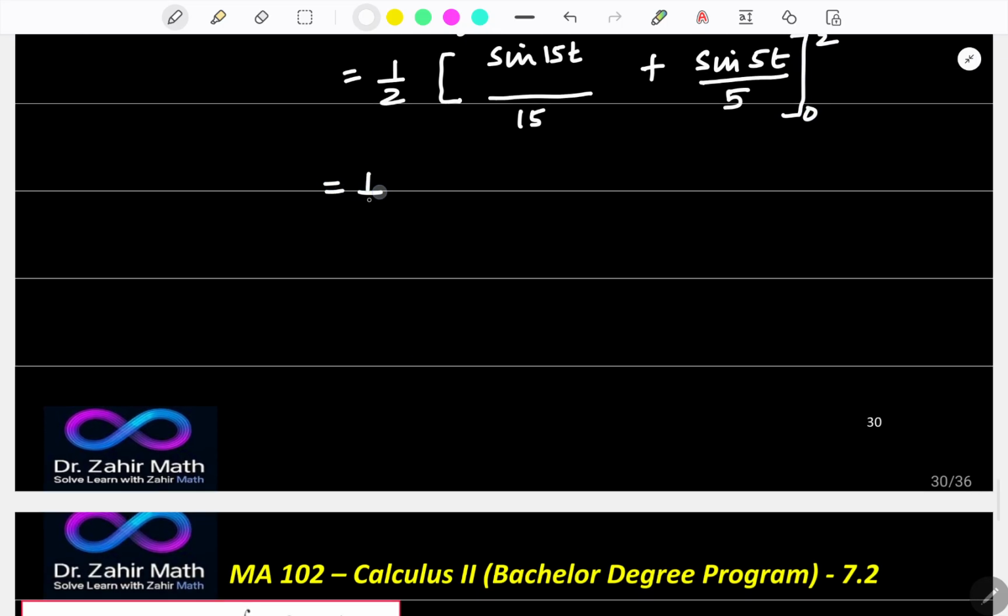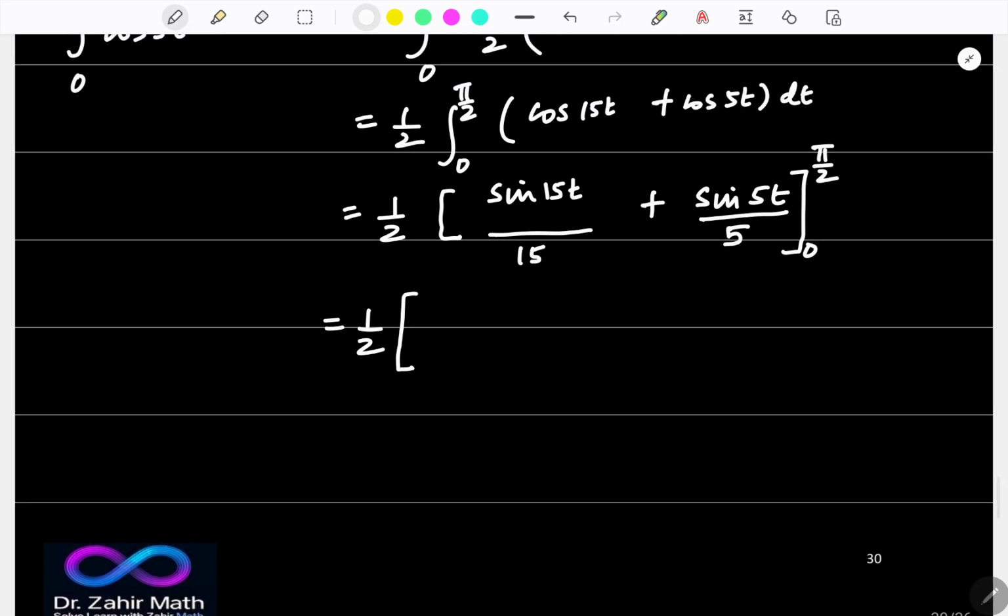So this equals 1 by 2 bracket open, upper limit minus lower limit substitution. Upper limit, you put t equal to pi by 2. So sine 15 pi by 2 divided by 15, plus sine 5 times pi by 2 divided by 5.